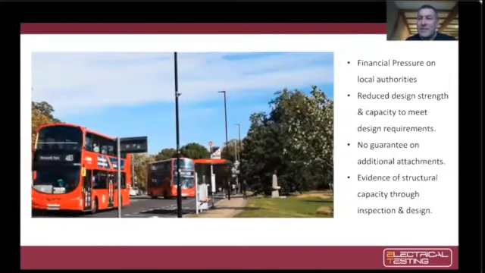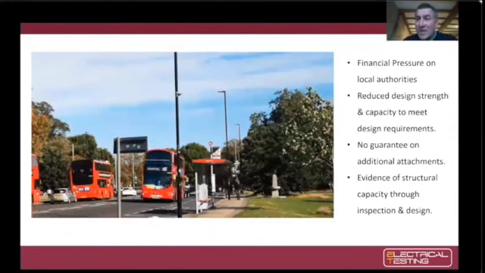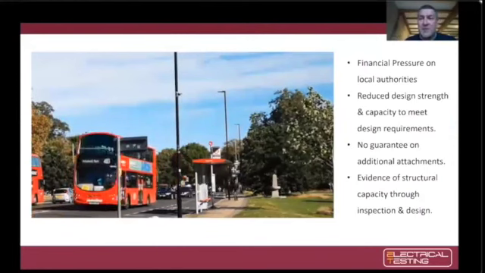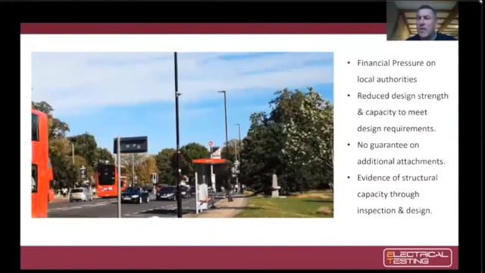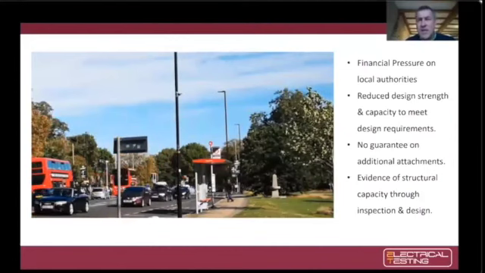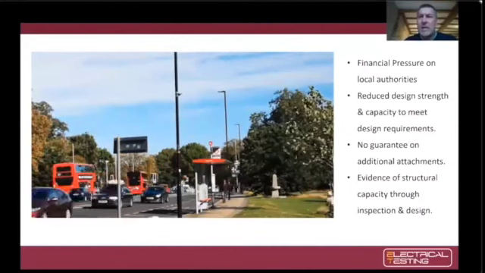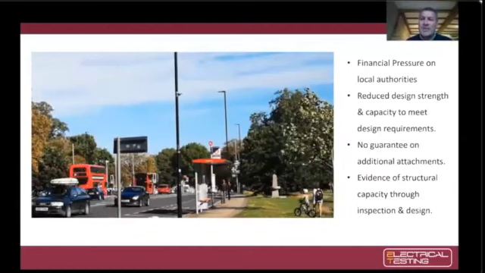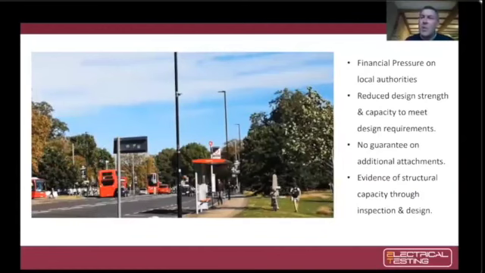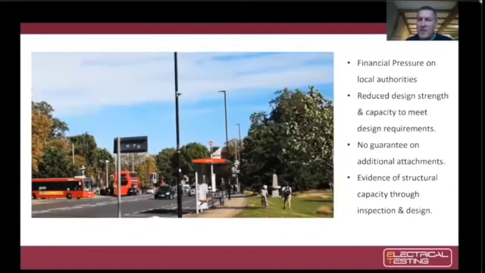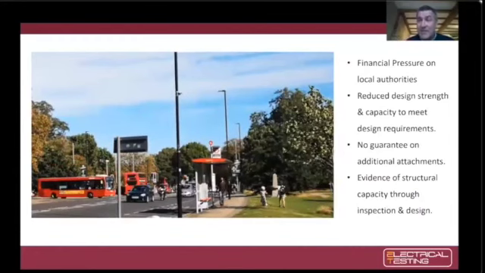The reason there isn't any additional load in these columns is often down to financial constraints that we've seen over the last 20 years. Certainly in the early 2000s, PFI contracts were very popular, and column manufacturers who wanted to be competitive with their product were tendering in some cases for 100,000, maybe 150,000 columns into a single standalone contract.